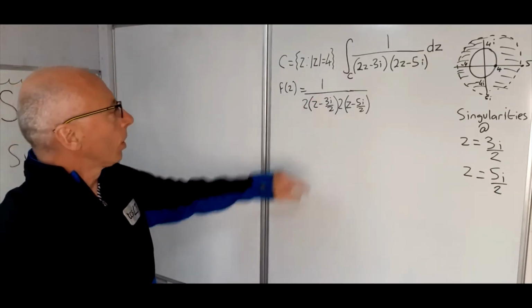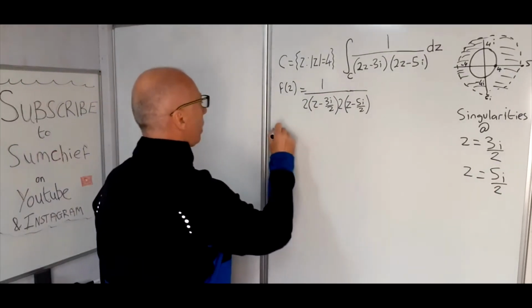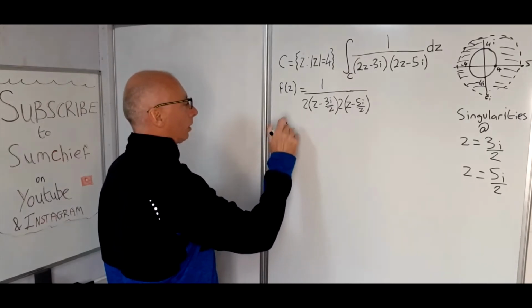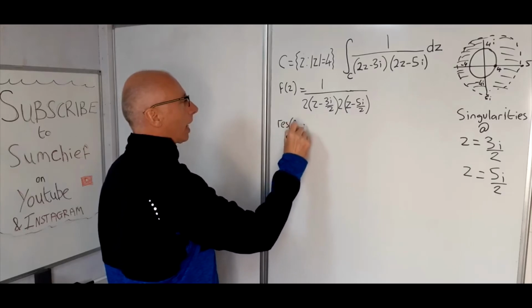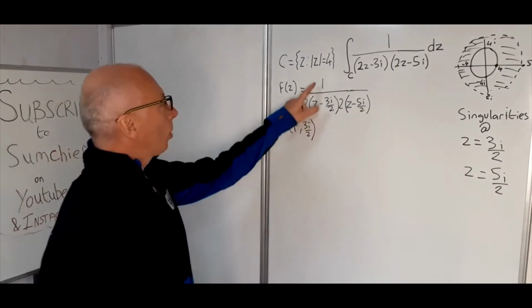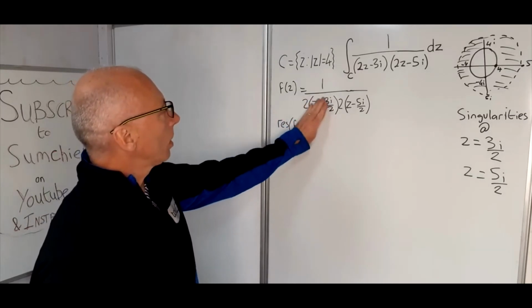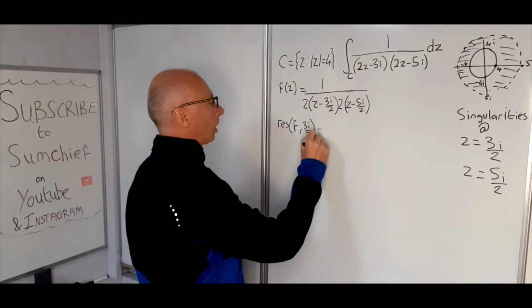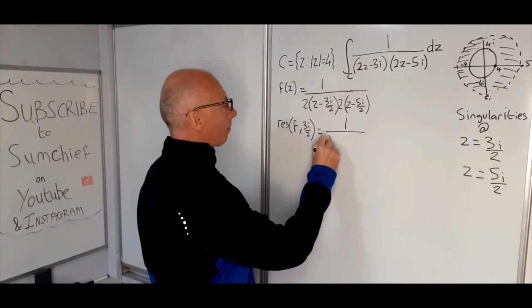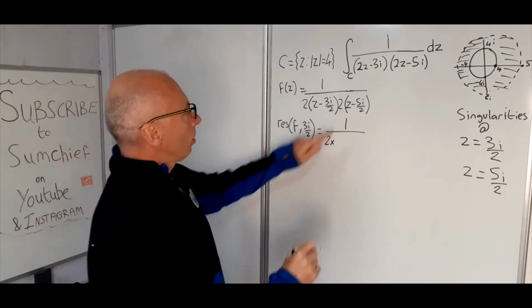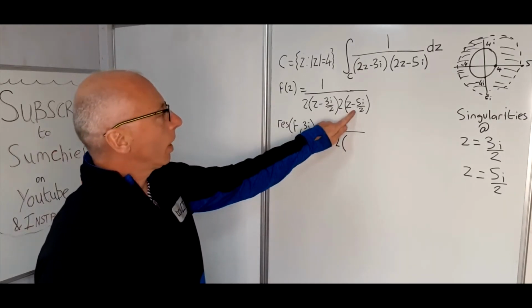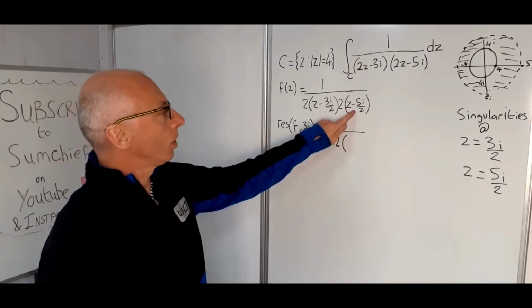Okay, so let's go with the cover-up method. Let's find the residue of f at 3i over 2. So plugging 3i over 2 into here, this will disappear. Then we're left with 1 over the 2 stays, this 2 stays, and then we've got 3i over 2 minus 5i over 2.